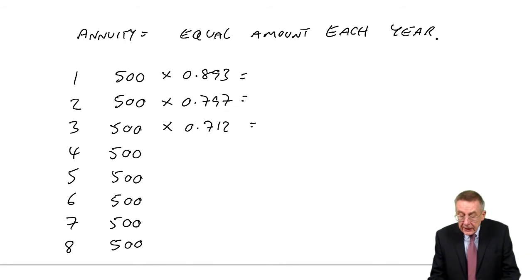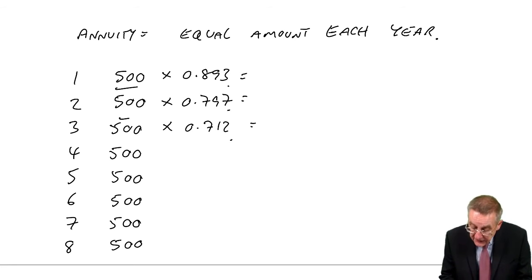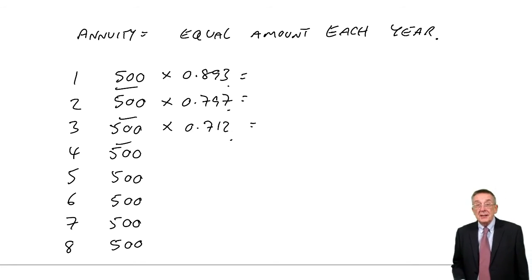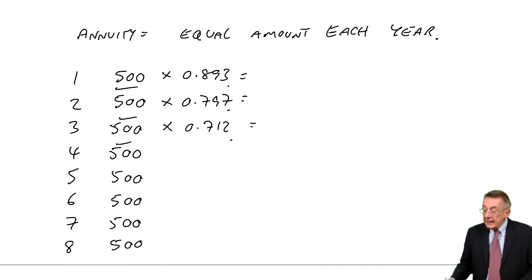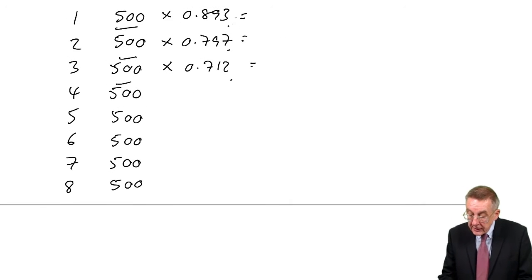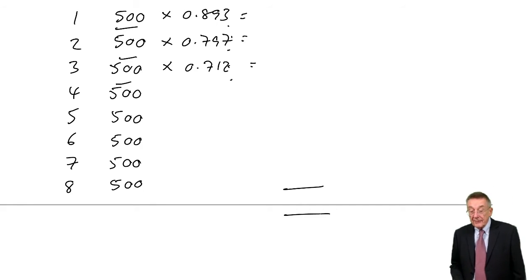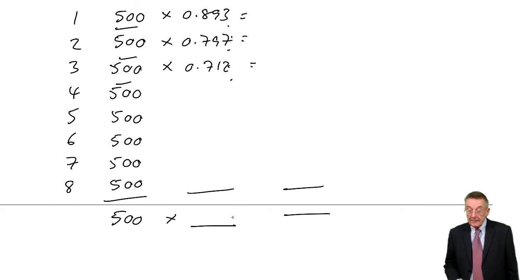Well, by all means do that, but it's taking time even with the tables. And of course, each time you're multiplying the discount factor by the same amount, 500. And so there is a shortcut we can take. Instead of multiplying 500 by each of those and then adding up to get the total, we could get the same result by multiplying 500 by the total of those discount factors.